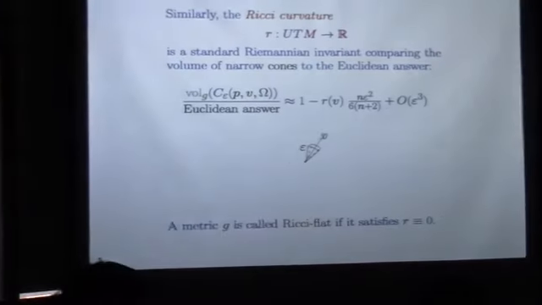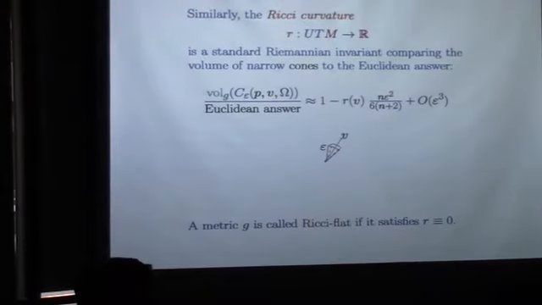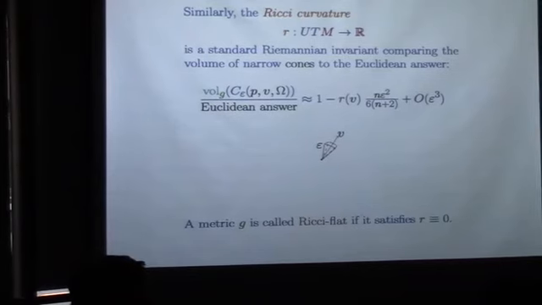Okay, so a metric is called Ricci-flat if this invariant of the metric is zero. The Ricci-flat condition, not for Riemannian manifolds but for pseudo-Riemannian manifolds, was introduced by Einstein as an equation for the gravitational field in empty space.